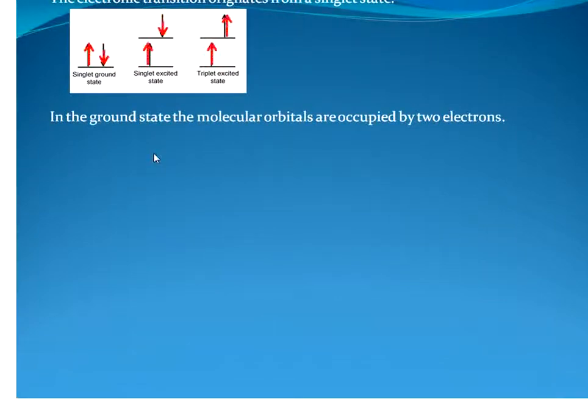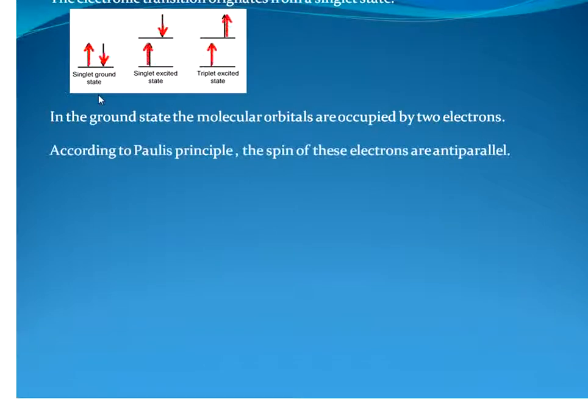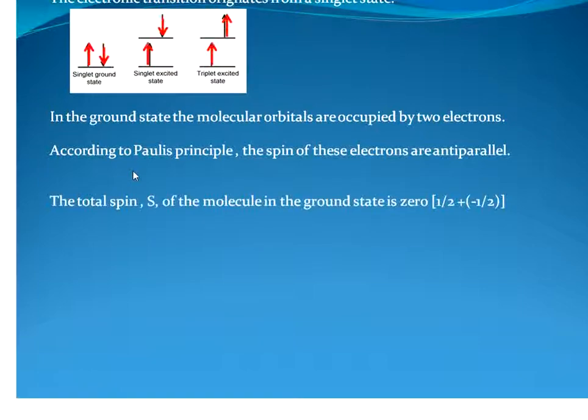We also know that in a ground state, the molecular orbitals are occupied by two electrons, as we're seeing here. According to Pauli's principle, the spins of these electrons are antiparallel, and the total spin of the molecule in the ground state is 0. Why is it 0?